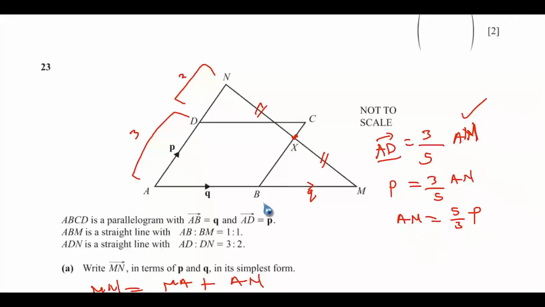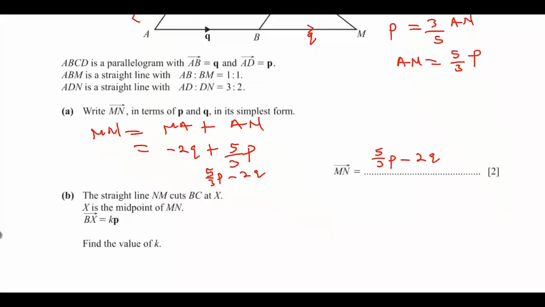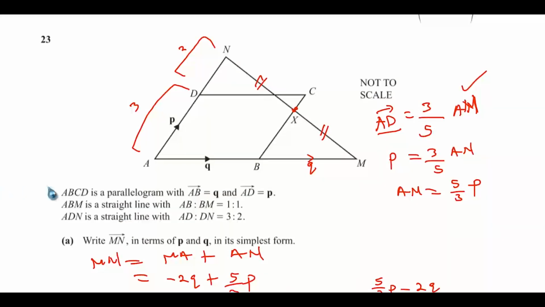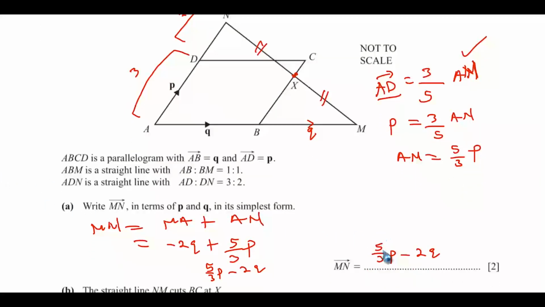We already know that the value of BM is q, it is given. Then MX is half of MN. Since we found MN, we can divide it by 2 because it is half of it. MN was the first question we answered, and this is the value. So we need MX now.